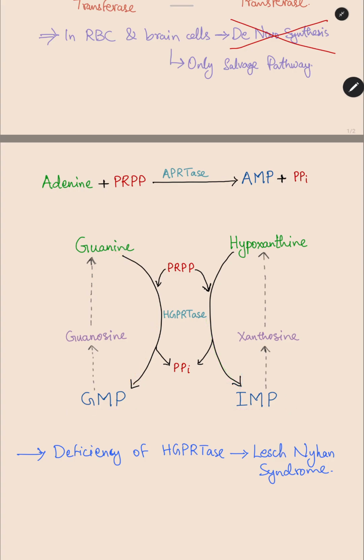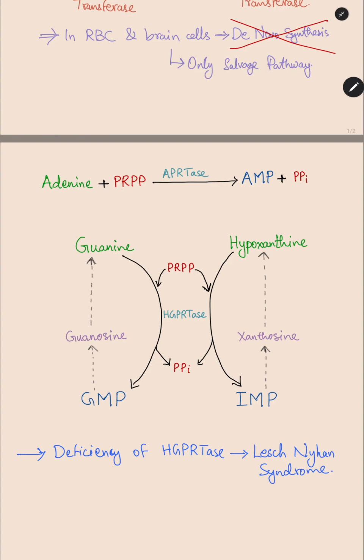That is, guanine gives us GMP and hypoxanthine gives us IMP.